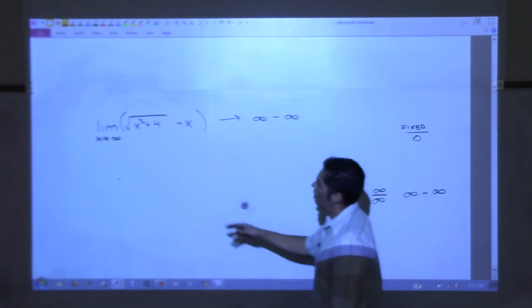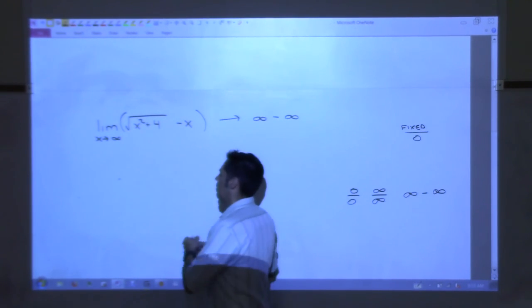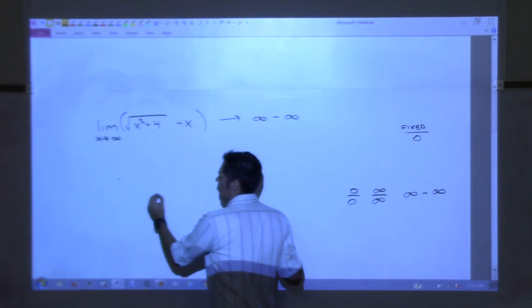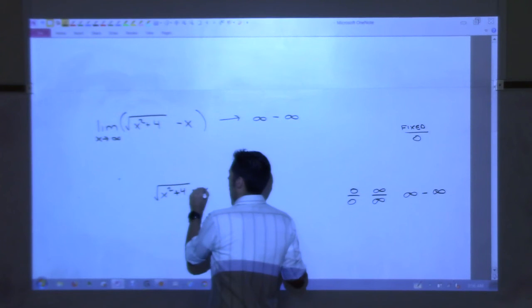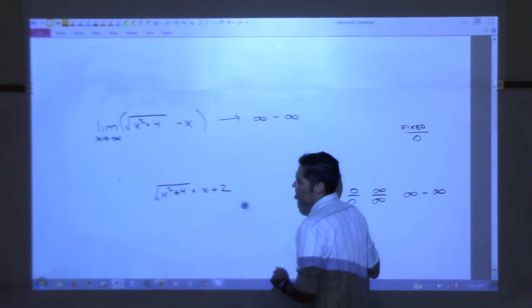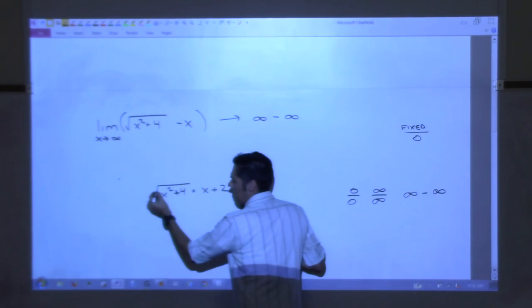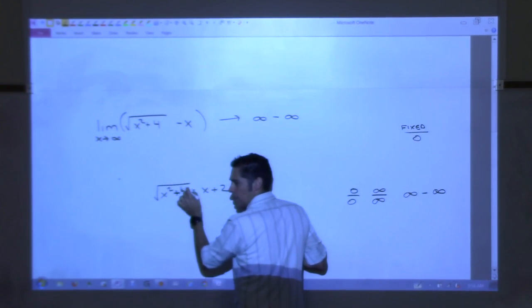Is it x minus 4 minus x? I mean, x plus 4. X plus 2. Okay, now you got to be careful there. What you're suggesting is that this is equal to this. That's not true. When you have a root on a sum or a difference, you cannot do the root of each one individually.